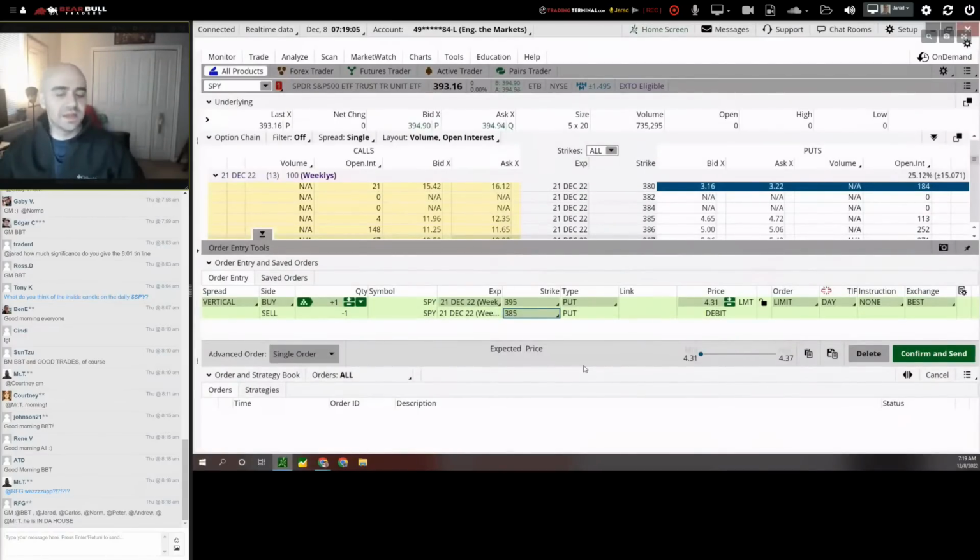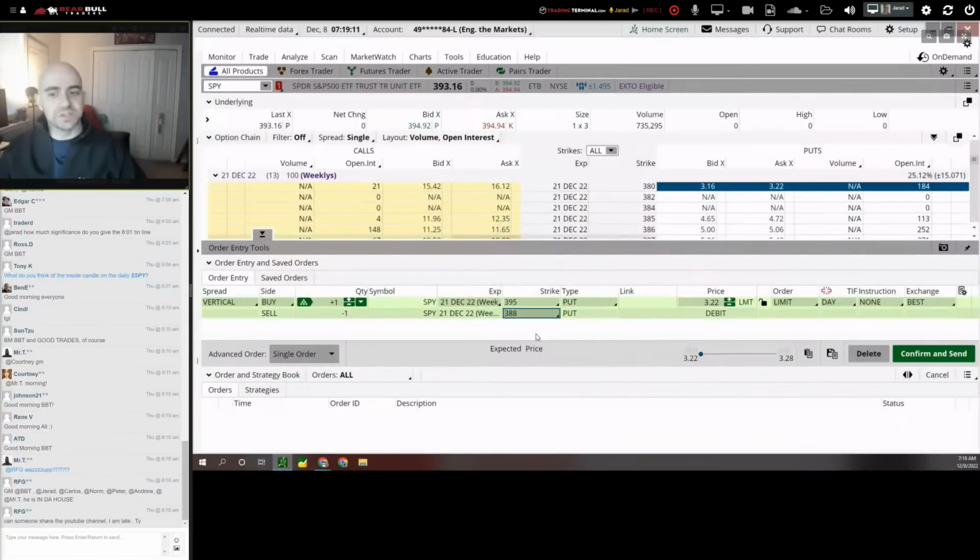You can tighten these up as much as necessary to make the cost worth the risk to reward. It also becomes a more probable event if you are to sell something a little bit closer to your purchased put strike. And then last but not least, remember that these do not have to go to expiration.